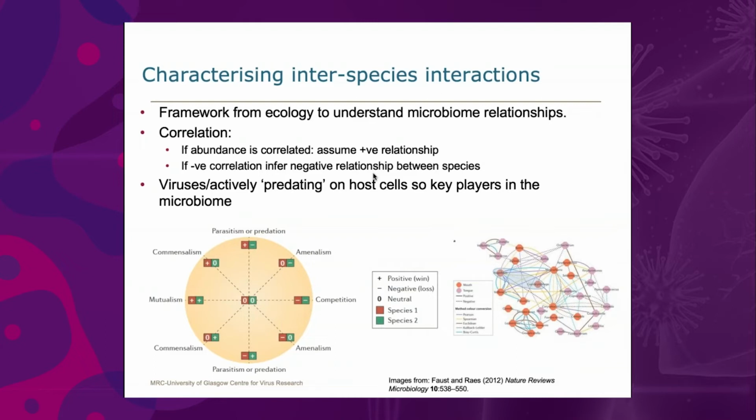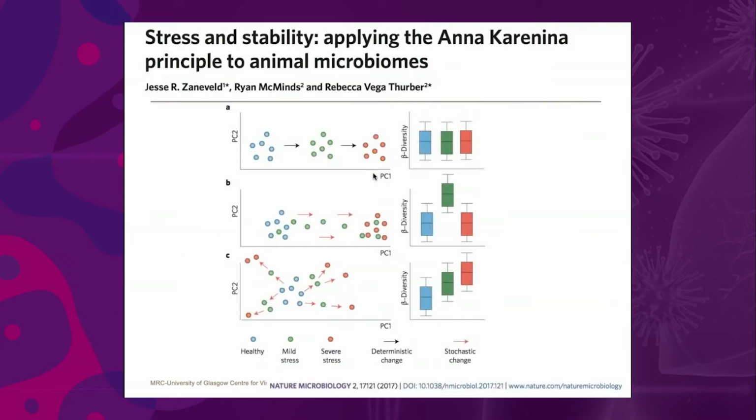And so again, it's really about, I guess, reaching some consensus of when change is significant and what change really means in some biological sense. And again, when we're thinking about change, there's a quite interesting model called the Anna Karenina principle that I think Akis has talked about quite a lot in his presentations.